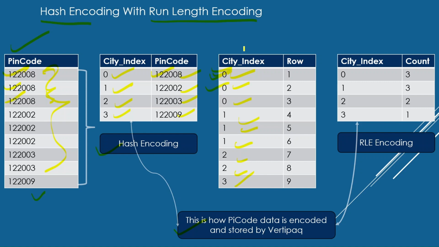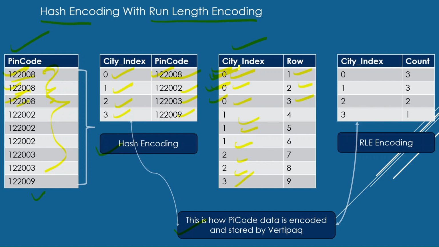How will it store that 0 0 0? This is identified from this table. This 0 is assigned to this pin code, and how many times this pin code appears, and what is the position of this pin code, is present here. So first, second and third. So the row numbers are first, second and third. This pin code is identified with the help of index 0. Same for 1.